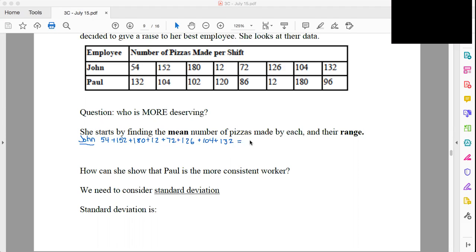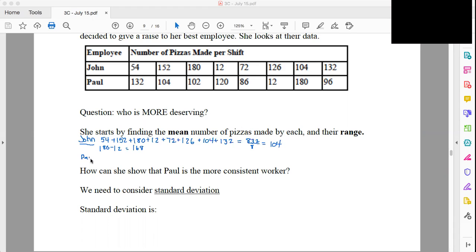That gives us 832. And then divide by 8, which gives us 104. And then we're looking at the range. The range would be the highest, which is 180, take away 12, which is 168.